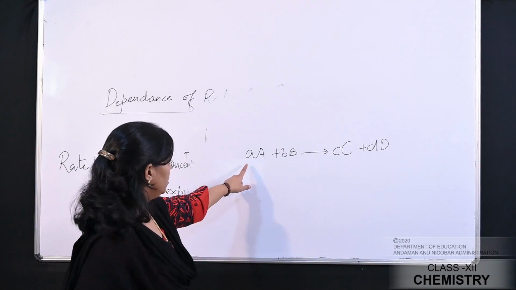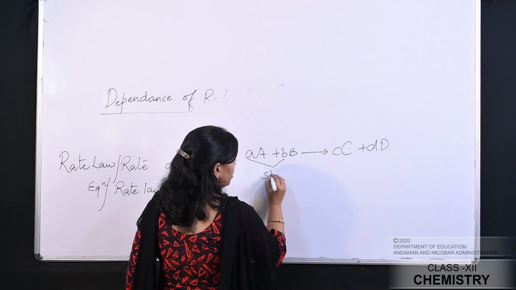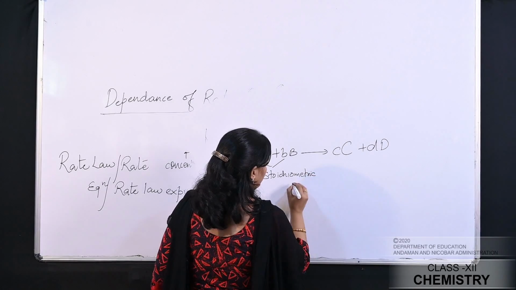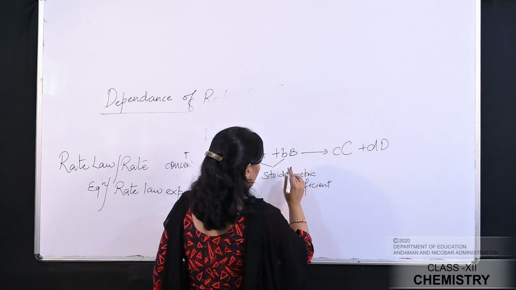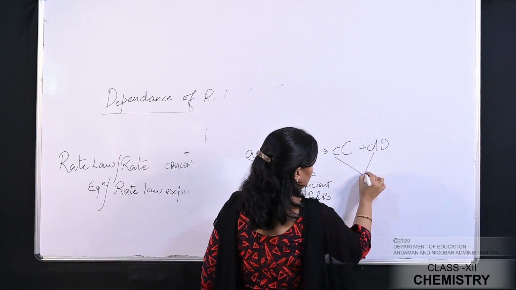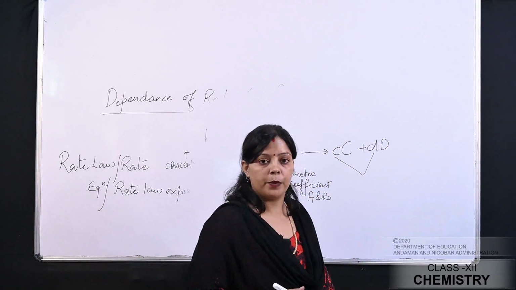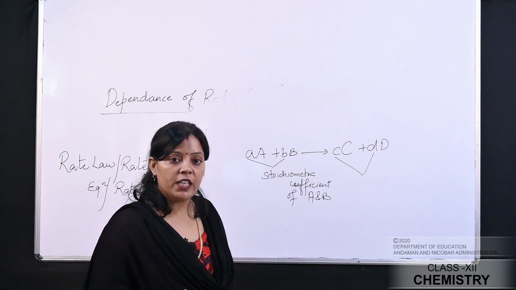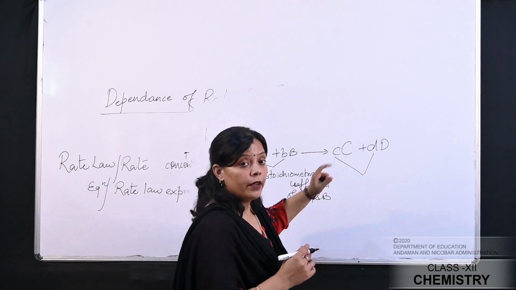In this reaction, the small a and small b are the stoichiometric coefficients of the reactants A and B. Similarly, small c and small d are also the stoichiometric coefficients of the products, capital C and capital D. So with respect to this reaction, how can we express the rate equation?